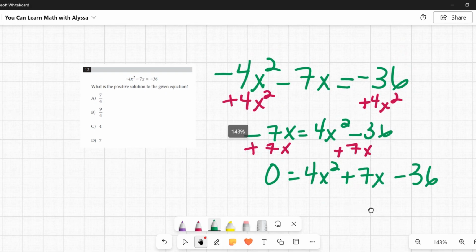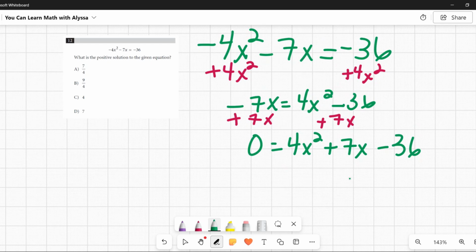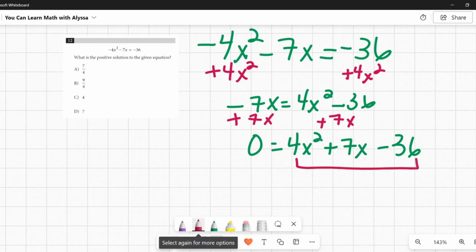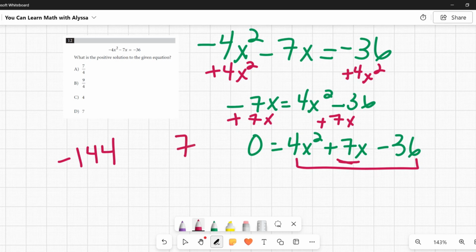Now, to see if you could factor that, you would multiply those two together. Negative 36 times 4 is negative 144. And we would say what things multiply to negative 144 but add to a positive 7.